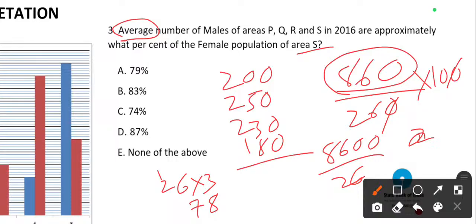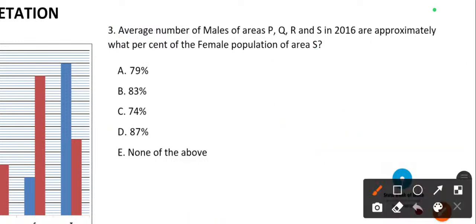So average means there are 4 values, so we are dividing this by 4. Dividing by 4, we have 215. Let me see one more time. We got a total 860. 860 average will be divided by 4.